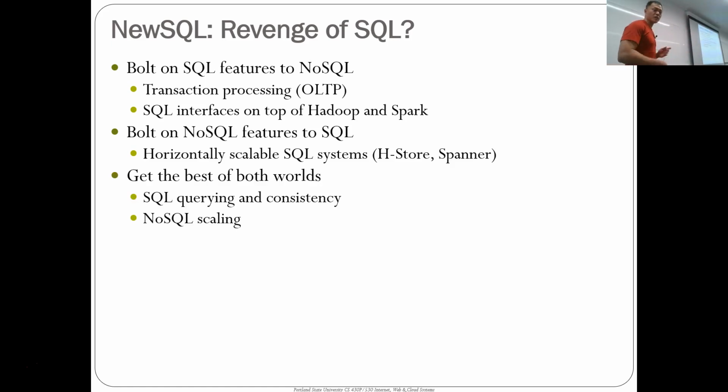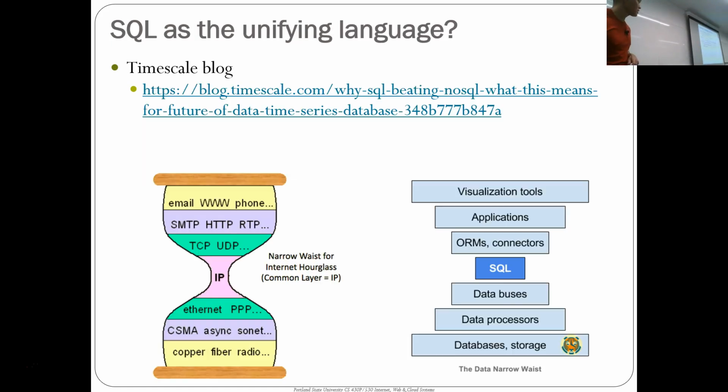So the idea of NewSQL is to get the best of both worlds: get the SQL querying and consistency, and get the NoSQL scaling. There's this article that I came across last year where they compared the narrow waistline of the protocol stack, where IP is the interoperable piece between all of these disparate applications and all of the disparate networking infrastructure underneath.